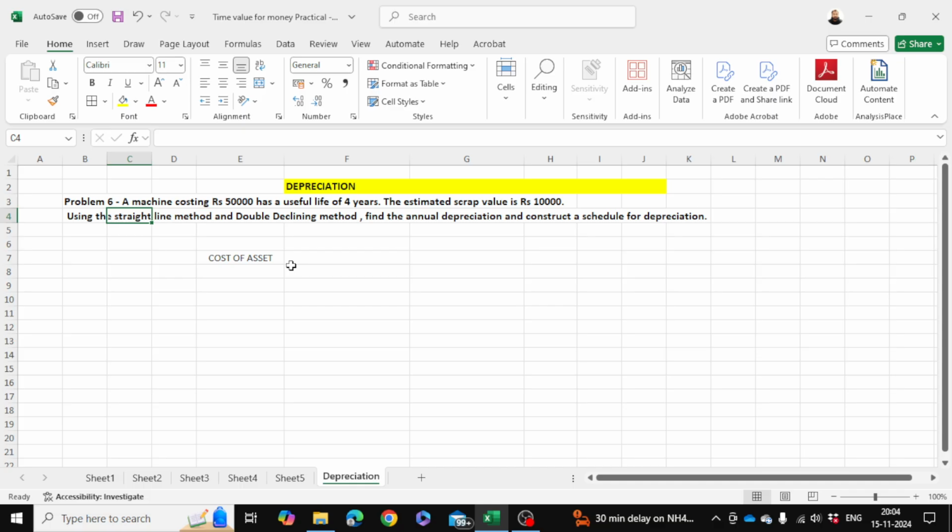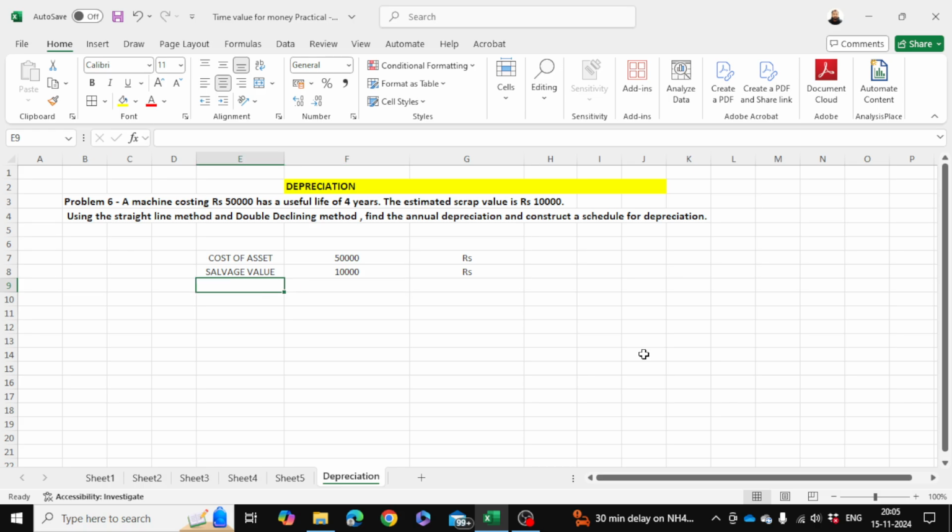So whatever the cost things are given in the question, you have to write down those things first. So the cost of the asset is 50,000. Write down the values also here, the units. Then the salvage value, that is your scrap value, that is 10,000 rupees.